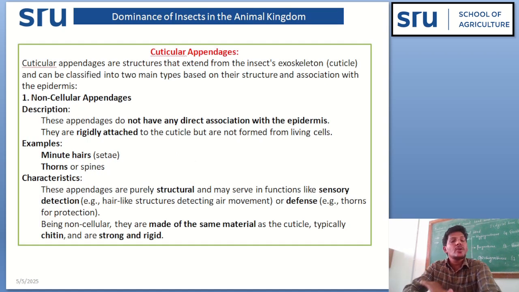Non-cellular appendages do not have any direct association with the epidermis. They are rigidly attached to the cuticle but are not formed from living cells. That's why they are non-cellular. Examples of non-cellular appendages are the minute hairs and thorns.